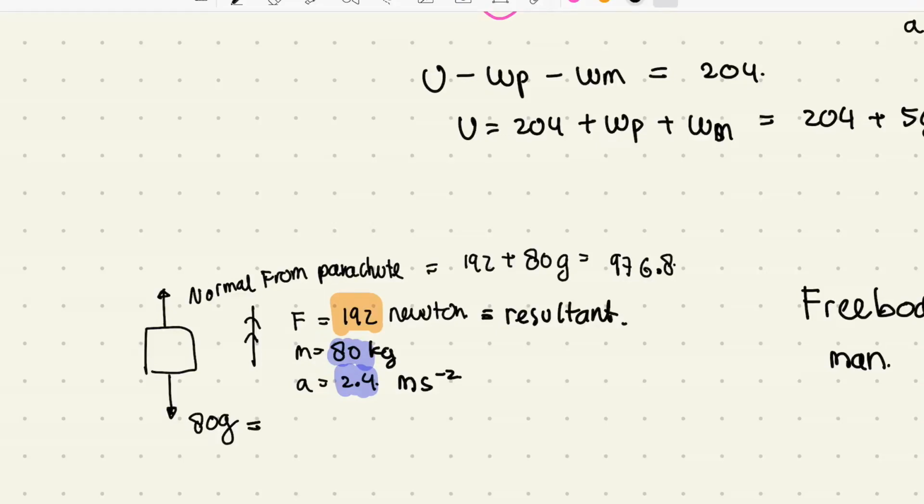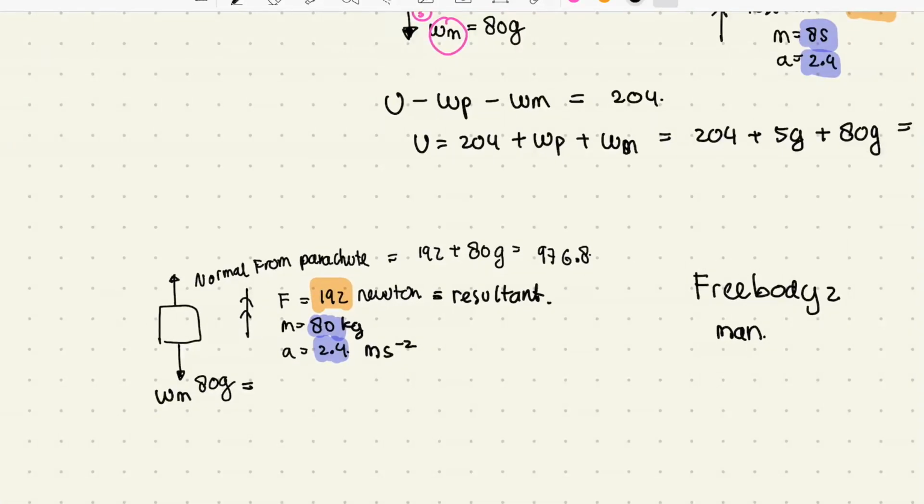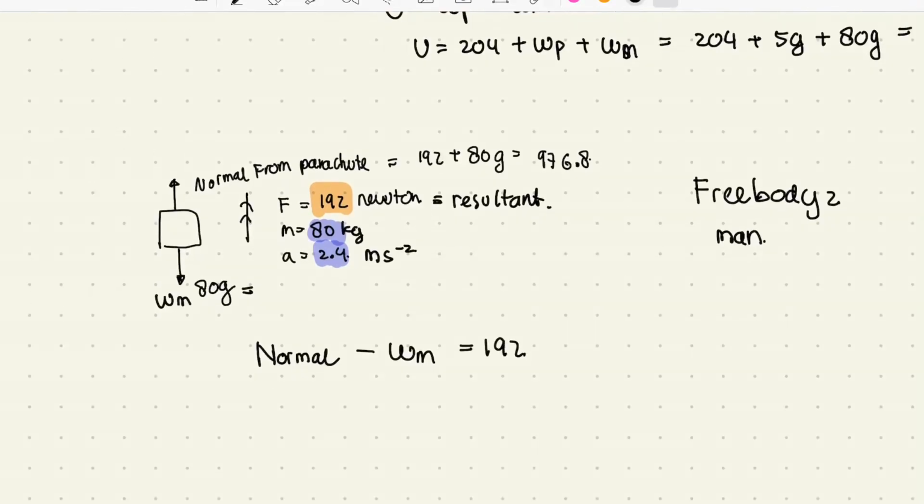Which means there are two forces only. Normal from parachute and the weight of man. Free body number 2 is man only. Yeah. So normal minus Wm is equal to 192.